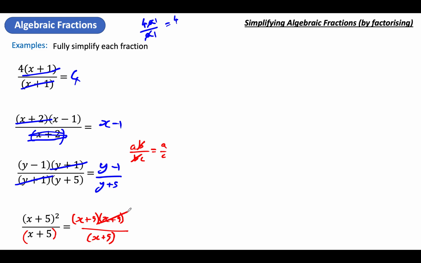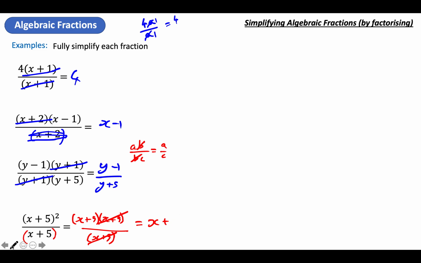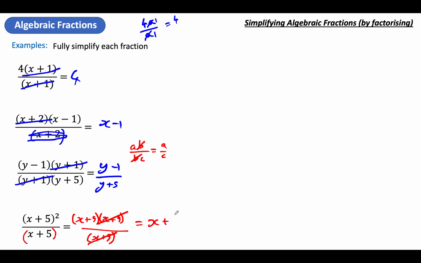So one of the ones on top will cancel out one of the ones underneath, leaving just x plus 5 on its own. Oh, that is dreadful writing there. Guys, that's so bad, I'm going to redo that. So, as I was saying, it leaves x plus 5 on its own.